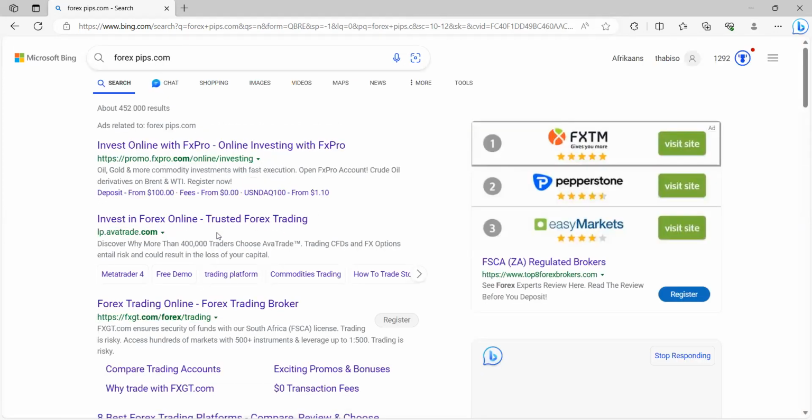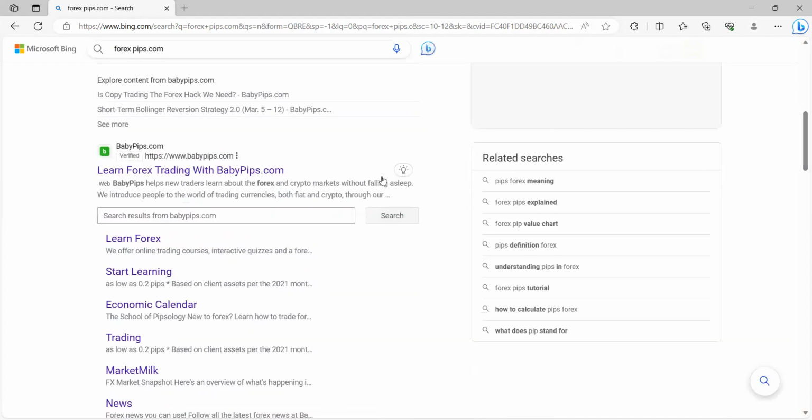Most people just know it as forexpips, but it's babypips.com. That's the website that we're gonna be using to learn about forex.